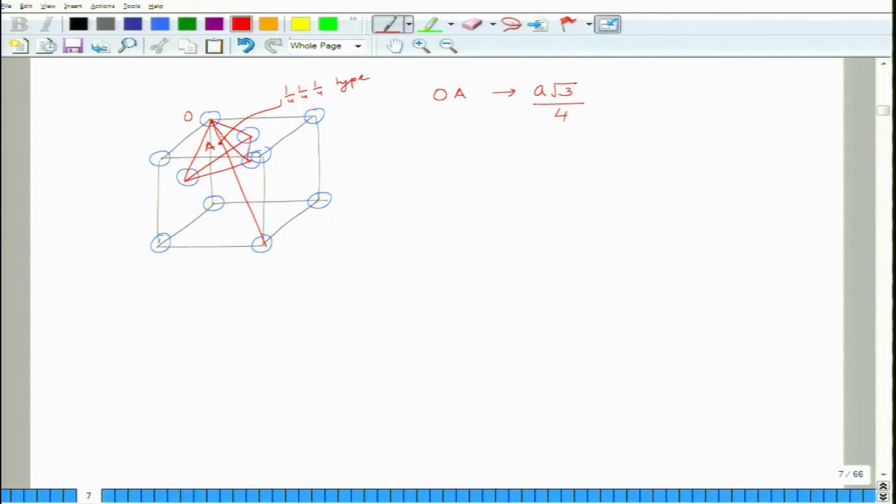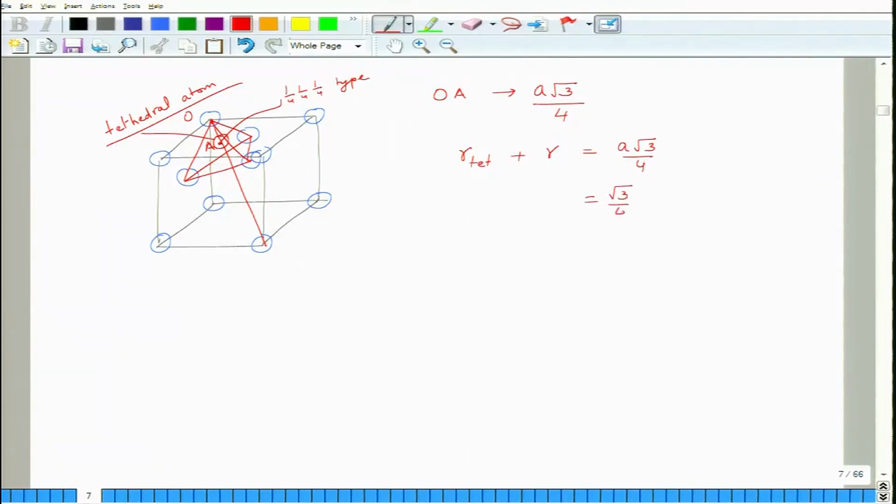So if you have an atom here which is a small atom, a tetrahedral atom, which does not distort the tetrahedra, it just sits in there snugly without distorting it. Then R of tetrahedral atom plus R of host is equal to A root 3 divided by 4. And what is A in terms of R?